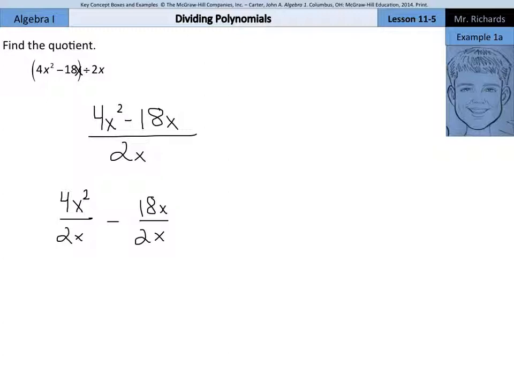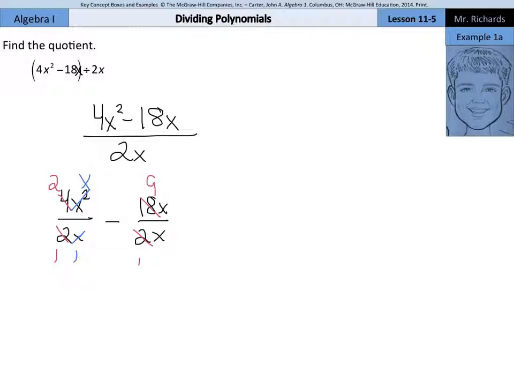Now, if I divide out common factors, I can divide the 4 and the 2 both by 2, which leaves me with 2 and 1. I can divide the x squared and the x by x, which leaves me with x and 1. I can take the 18 and the 2 and divide both those by 2 to get 9 and 1.